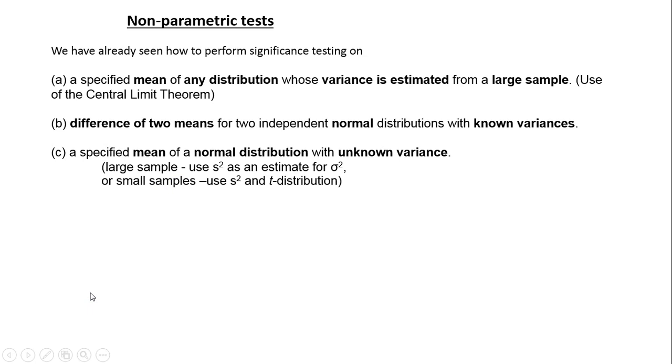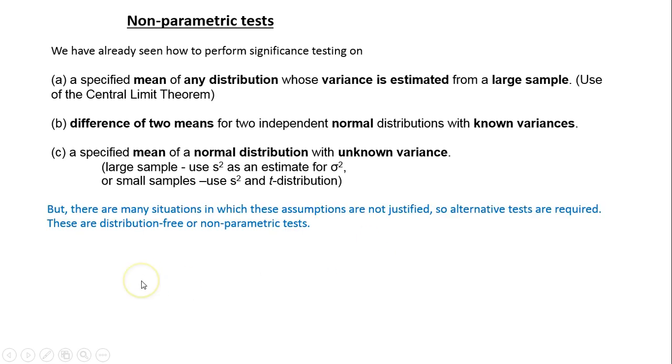We have already seen how to perform significance testing on the specified mean of any distribution whose variance is estimated from a large sample, using the central limit theorem, the difference of two means from two independent normal distributions with known variances, the specified mean of a normal distribution with unknown variance, large sample using S squared as an estimate for sigma squared, or small sample using S squared and the t distribution.